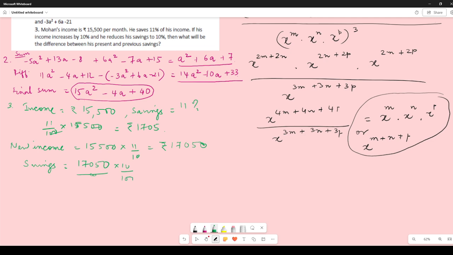If you find out, we see that it again remains 1705. His savings are 1705, right? So earlier his savings was what? 1705. Now his savings are what? 1705. So there is no change in his savings.